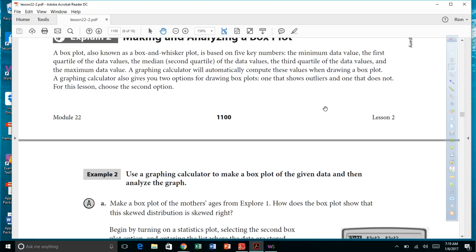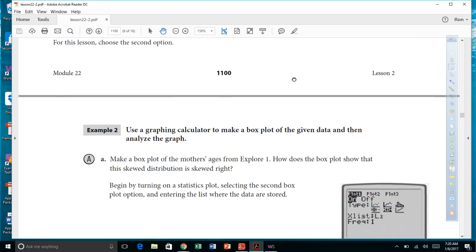A graphing calculator will automatically compute these values when drawing a box plot. A graphing calculator also gives you 2 options for drawing box plots, one that shows outliers and one that does not. For this lesson, choose the second option.